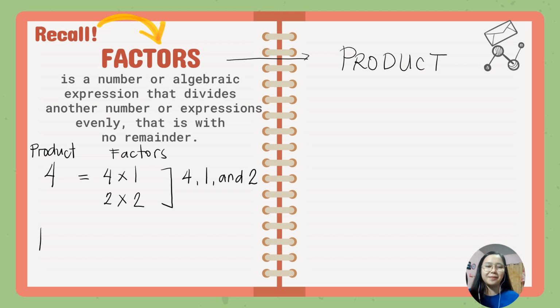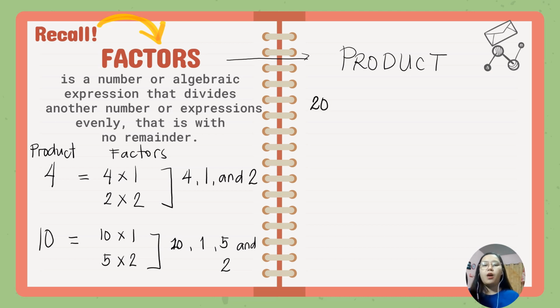How about 10? In 10, of course, we begin with 10 times 1 is equal to 10. We also have 5 times 2 is also equal to 10. Therefore, the factors of 10 are 10, 1, 5, and 2. Get it? Another, how about 20? The product is 20, and we need to find the factors.